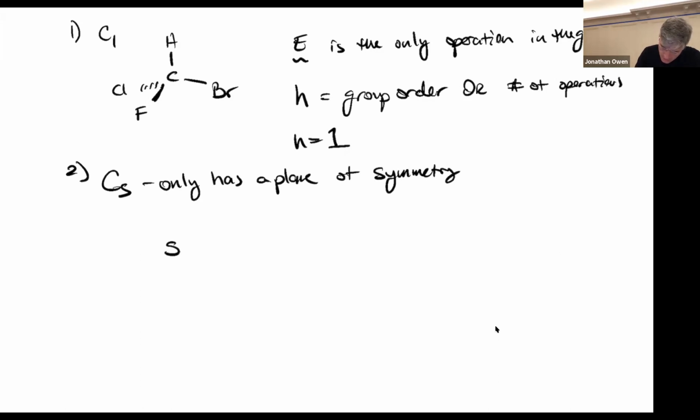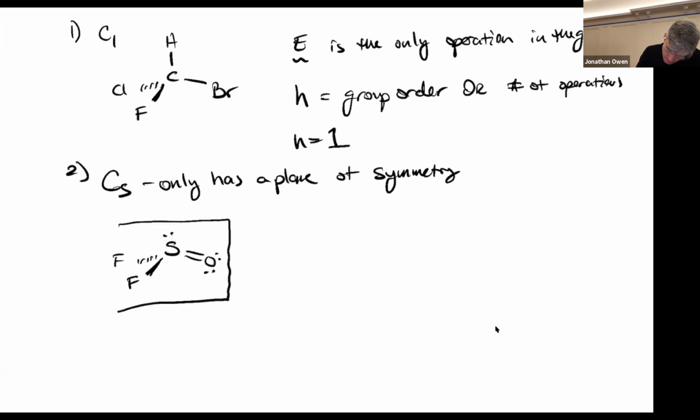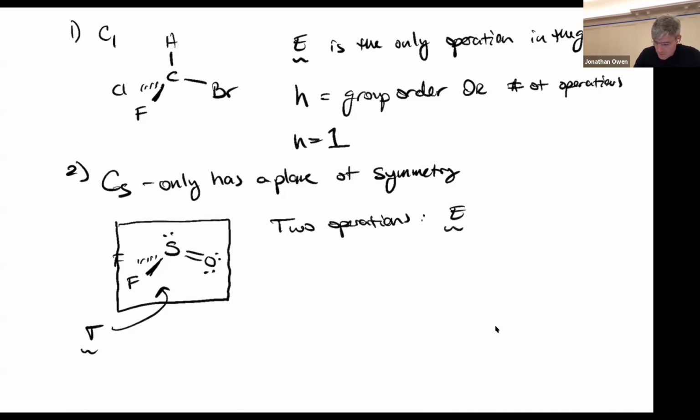An example here is difluorosulfoxide. This molecule has a plane of symmetry that exchanges the two fluorines. So there are two operations here, E and sigma. So h is equal to 2.